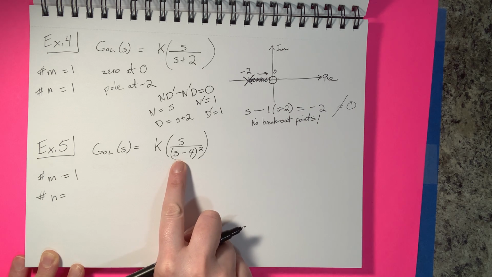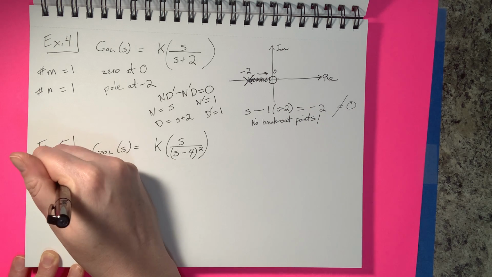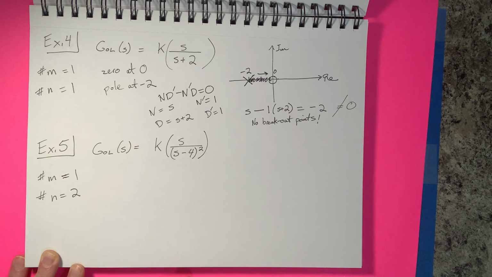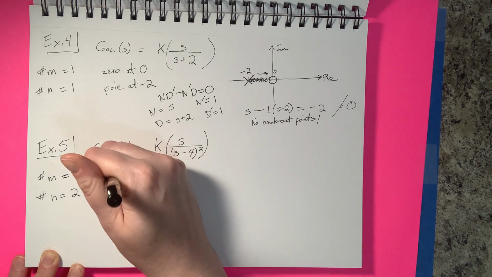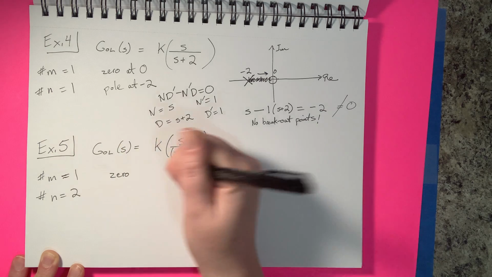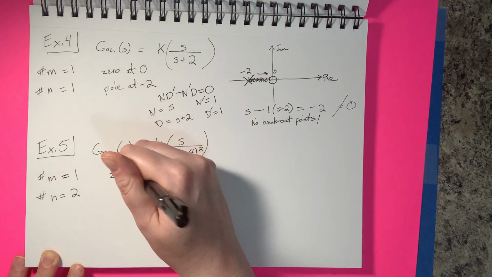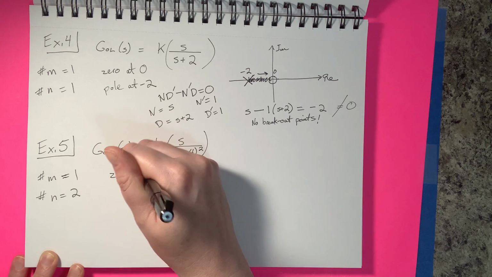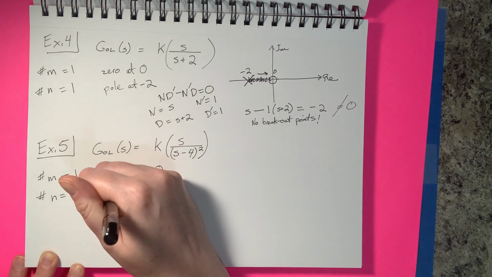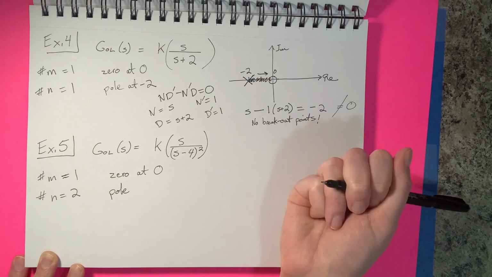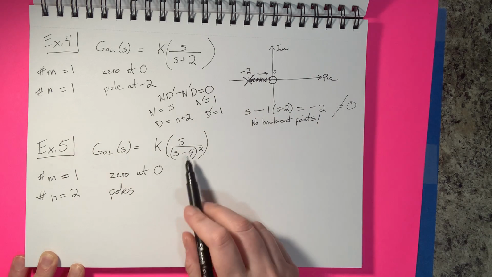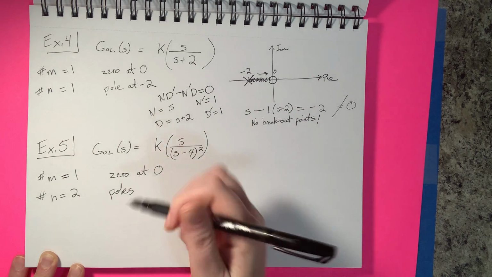It's a second order polynomial. Okay, so we can solve for where the zeros and poles are at. 0 is, of course, still at the origin. It's the same as example 4. And if we solve for the poles, so we see we have a double pole at positive 4.